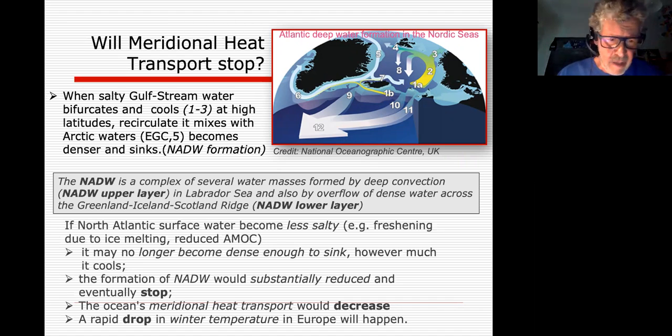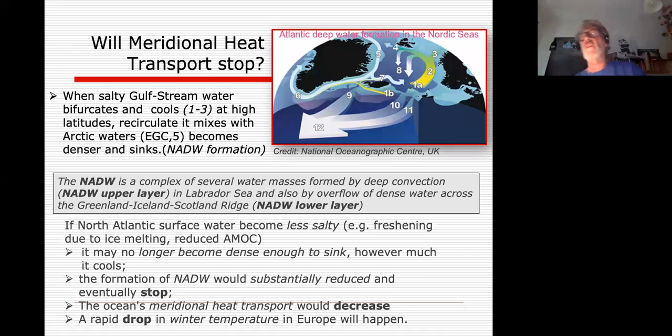And a rapid drop in winter temperature is also expected, because the MOC is no longer in force, and the meridional heat transport, or the branch of the Gulf Stream that reaches Europe, will be strongly reduced.